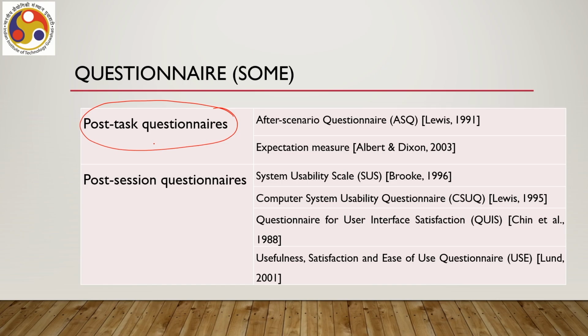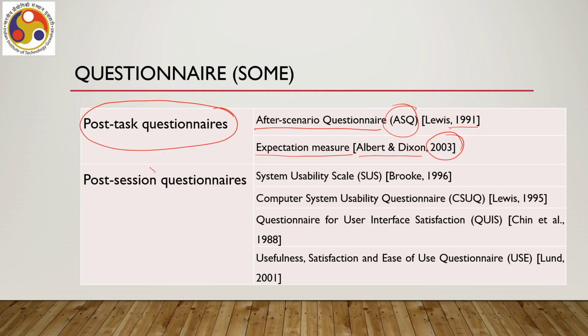For post task data collection, we have post-task questionnaires such as the After Scenario Questionnaire or ASQ, designed way back in 1991 by Lewis. Then the Expectation Measure or EM questionnaire, designed in 2003 by Albert and Dixon.